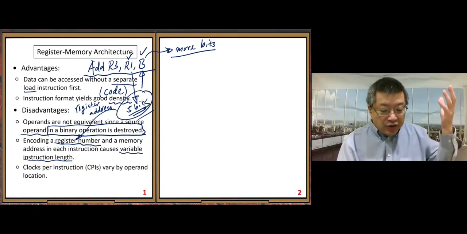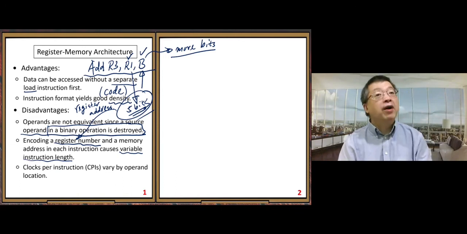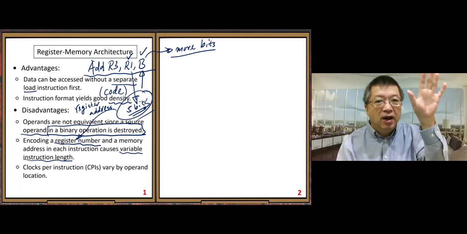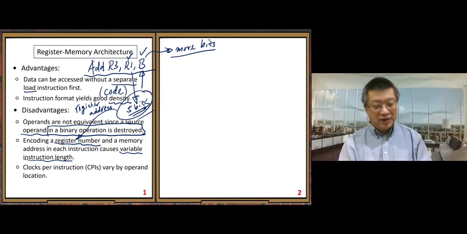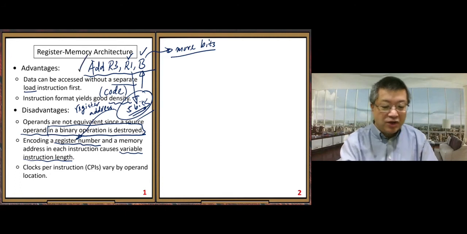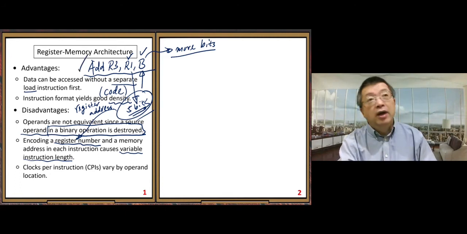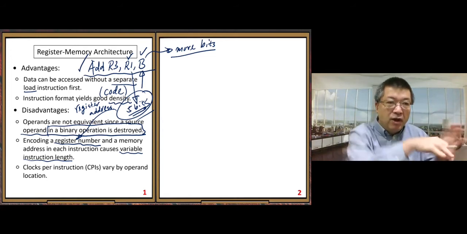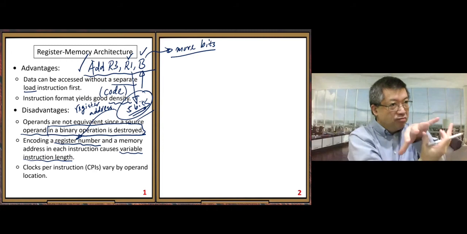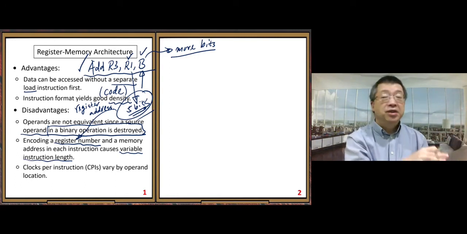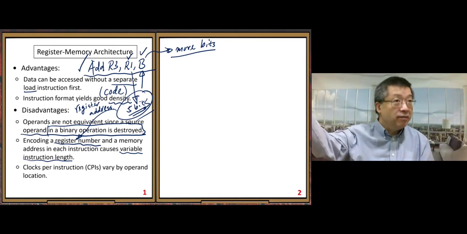Next, CPI, clocks per instruction. CPIs vary by operand location. So another consequence is due to this kind of instruction. If your instruction does not have a memory address inside, then CPI is smaller because you do not need to go to the memory to get your data, right?